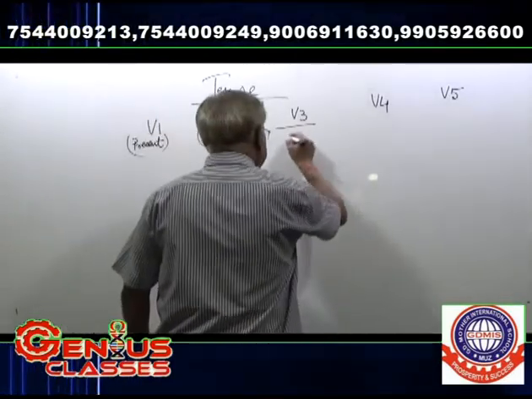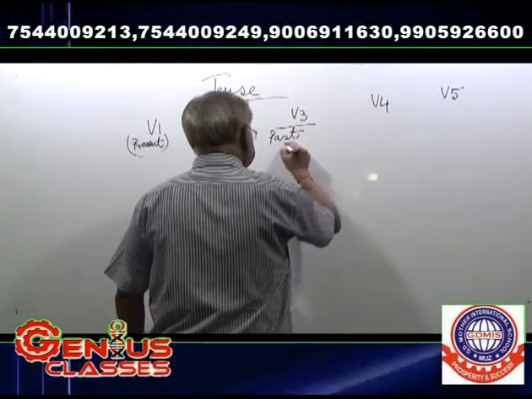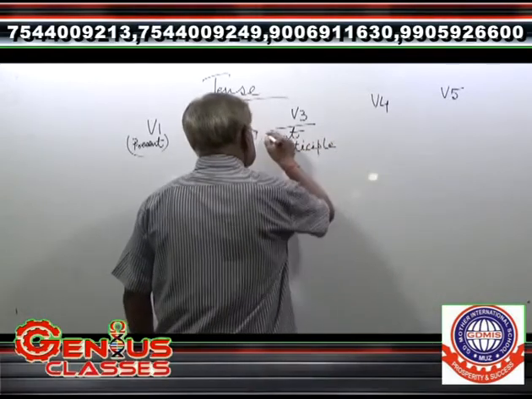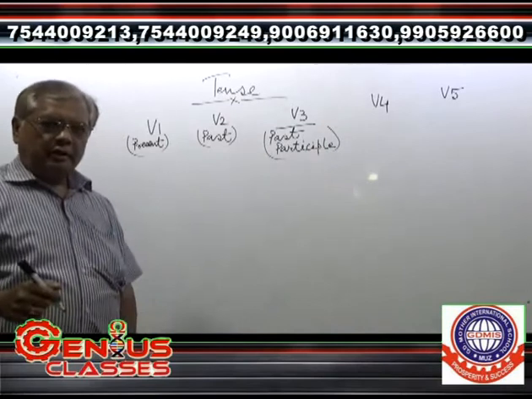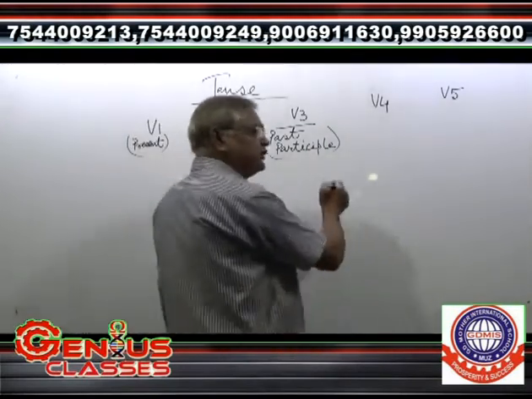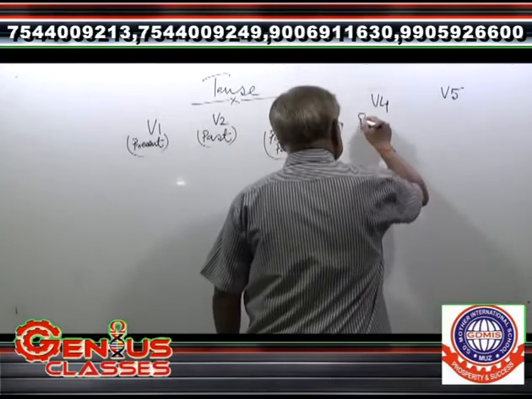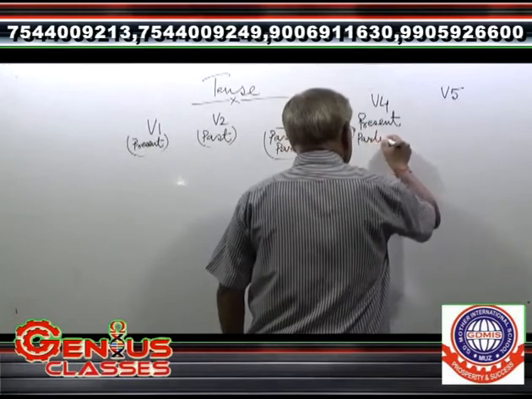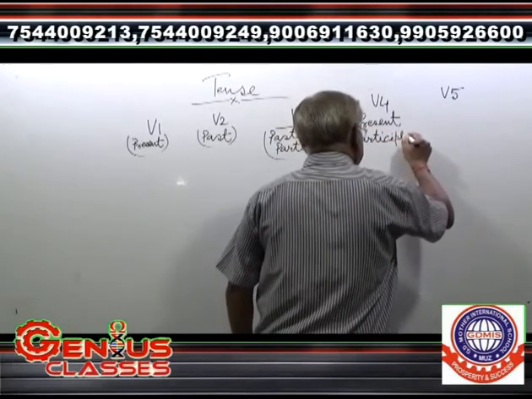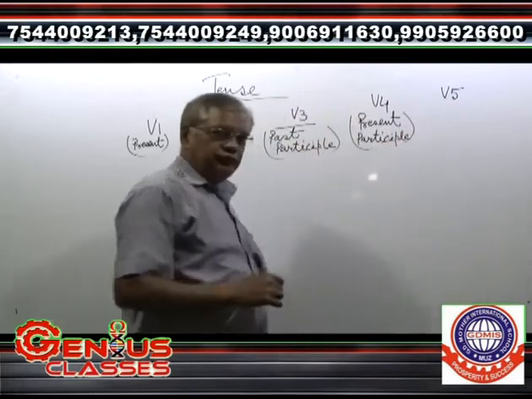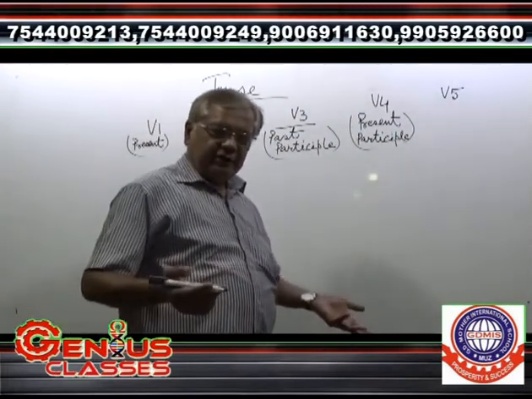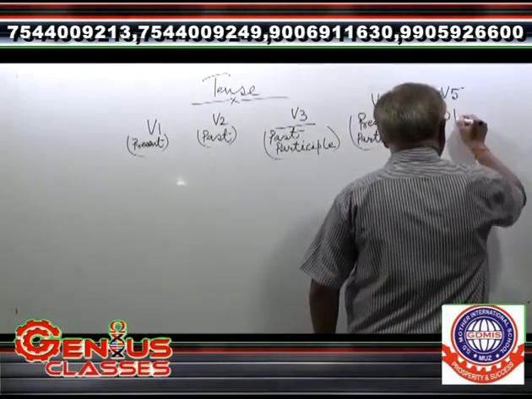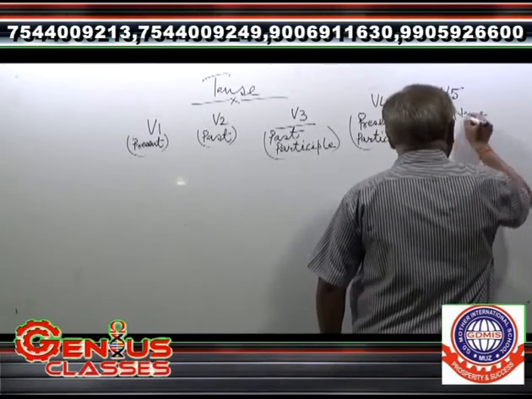V3 is known as past participle. V4 is known as present participle. Whereas V5, it does not have any name.